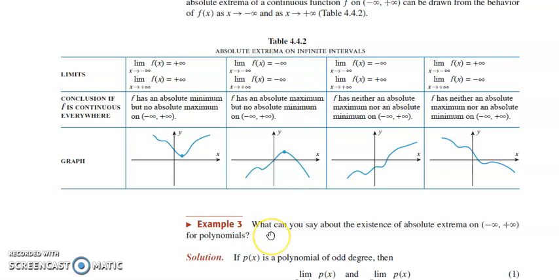The question is, what can you say about the existence of absolute extrema on the interval minus infinity to infinity for polynomials? Now if you look at polynomials in the standard form, the highest degree term, if it is n, then the polynomial will be of the form with a coefficient for x raised to n.